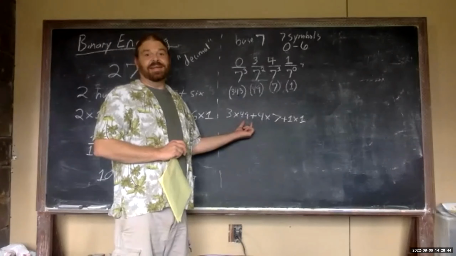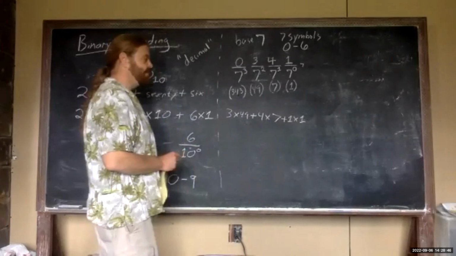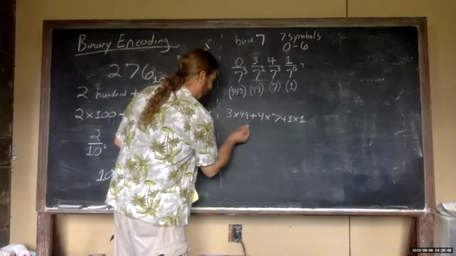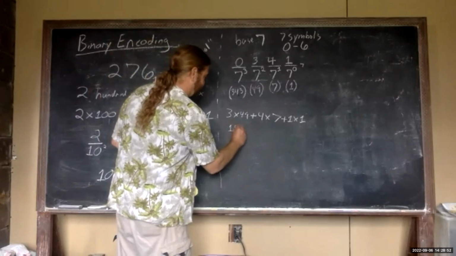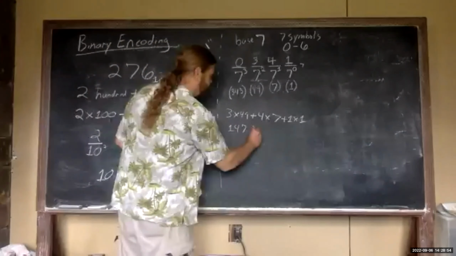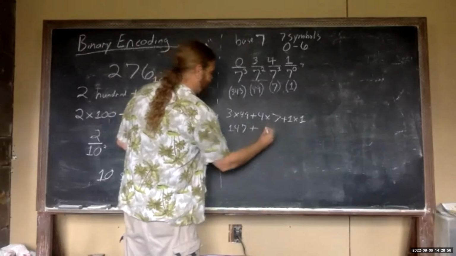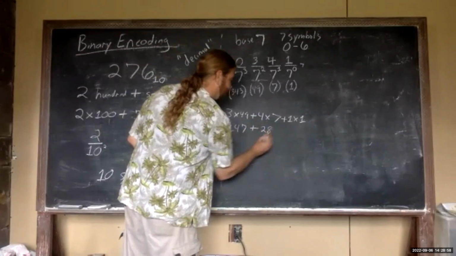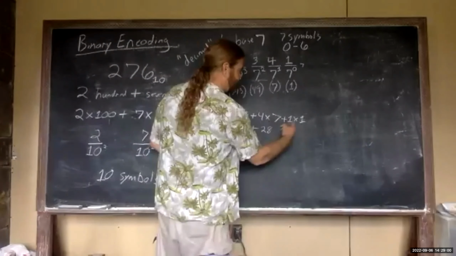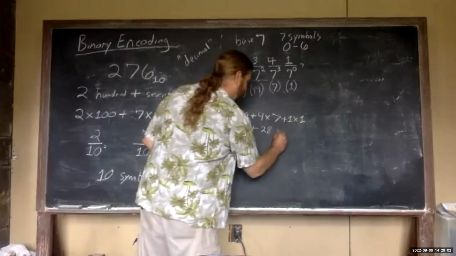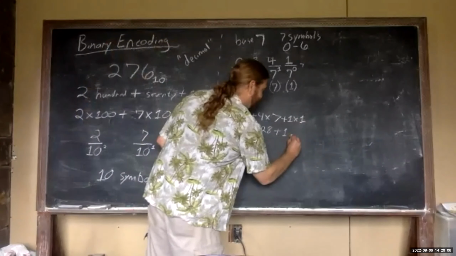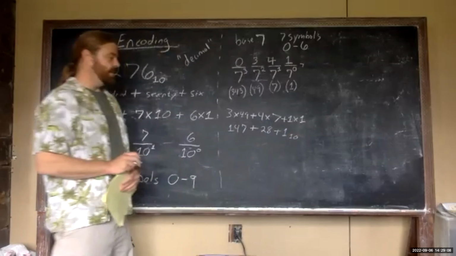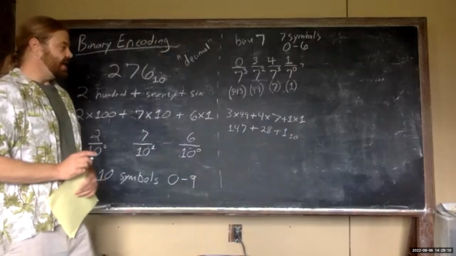So 3 times 50 and then minus the 3 extra ones from the rounding to make it easier, would give us 147, plus 4 times 7 is 28, plus 1 times 1 is just 1. And now we're all in counting base 10. That's right, little 10 there. Because now we can add those up.